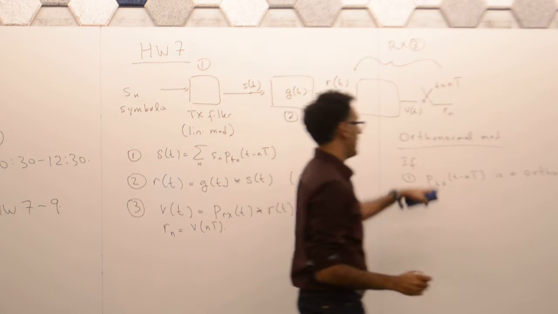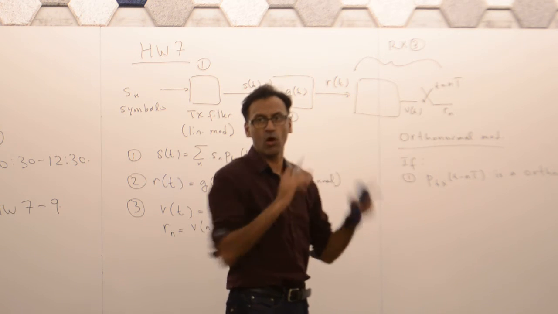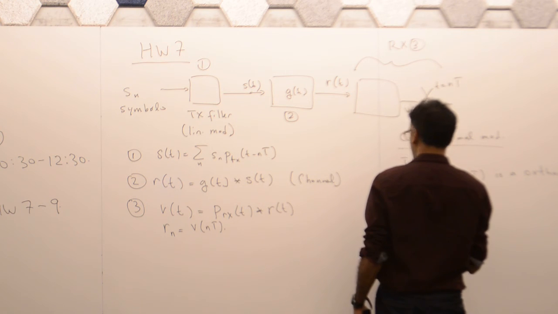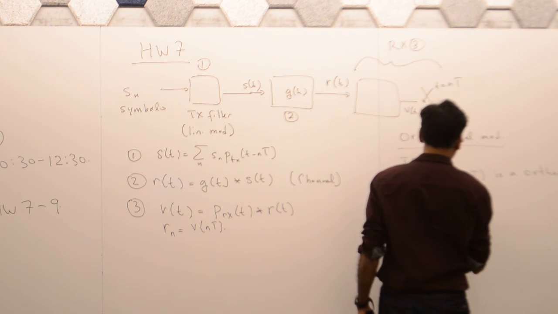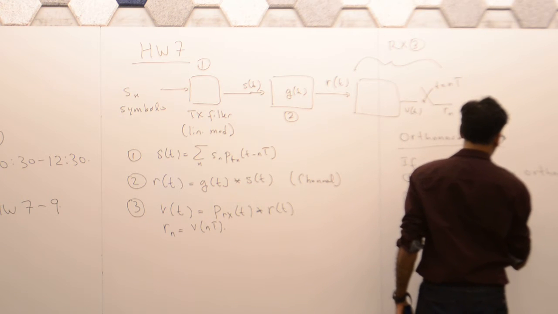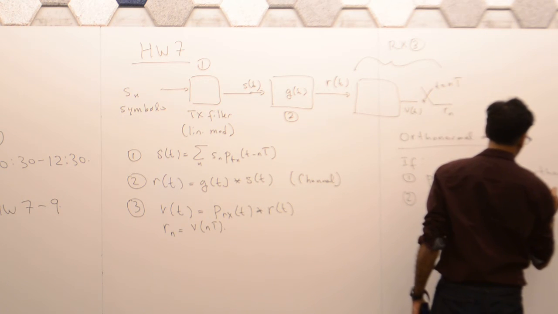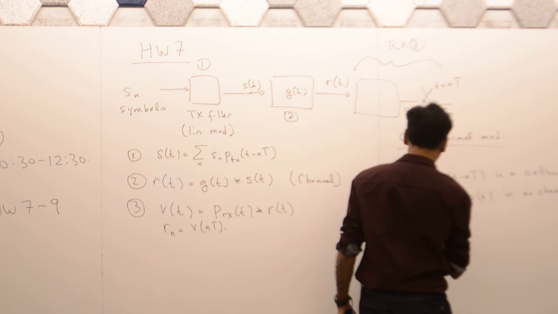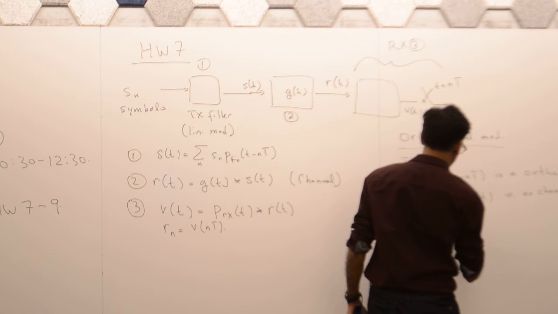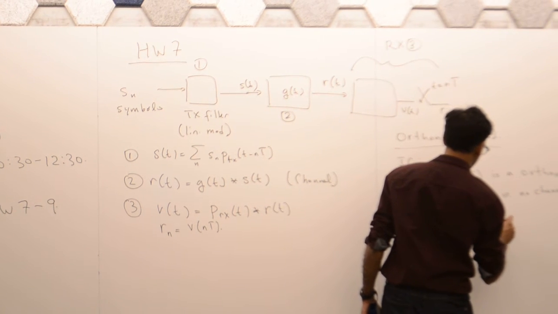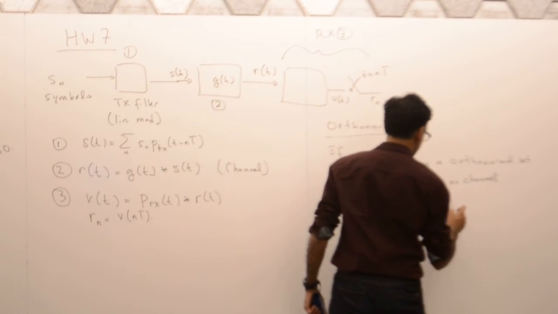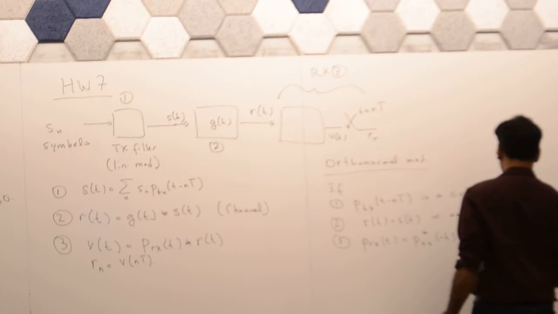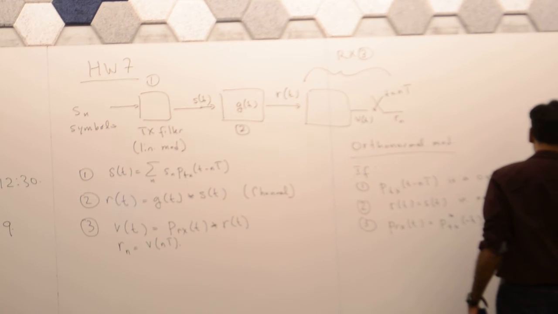That means for different n, if I shift these, they're all orthogonal with one another. 2, if R of t is S of t, i.e. there's no channel. And 3, PRX of t is equal to PTX star of minus t, i.e. it's matched. That's called a matched filter.